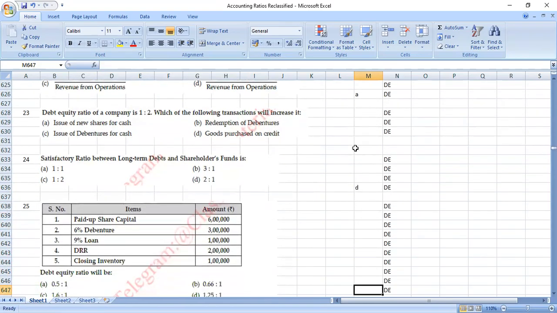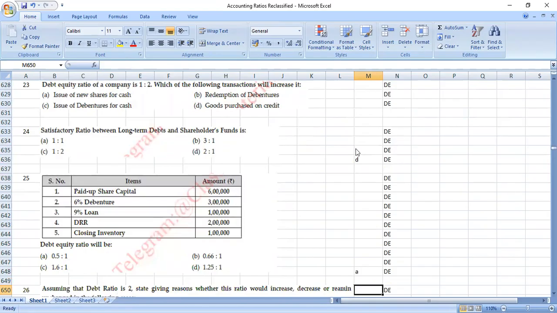23. Debt equity ratio of a company is 1:2, which of the following factors will increase it? Issue of new shares for cash will increase the denominator of debt equity ratio and therefore will decrease the ratio. Redemption of debentures will reduce the numerator, and therefore will decrease the ratio.